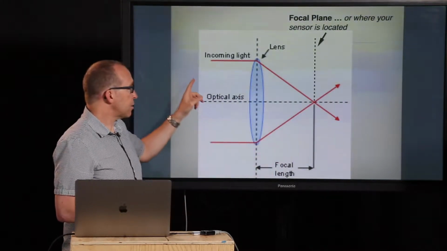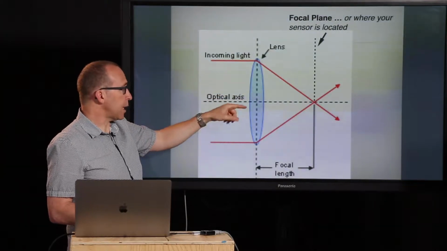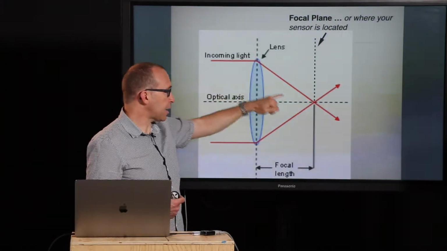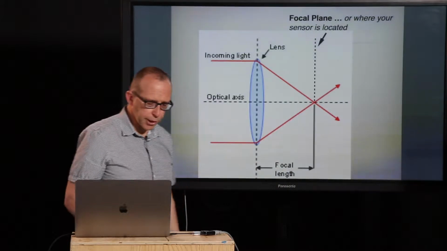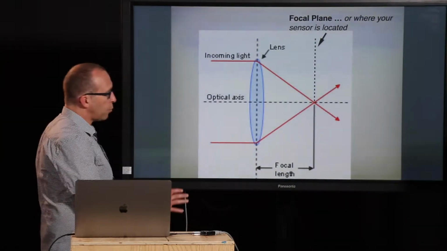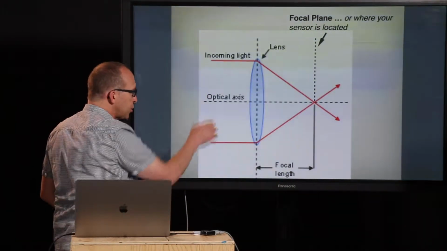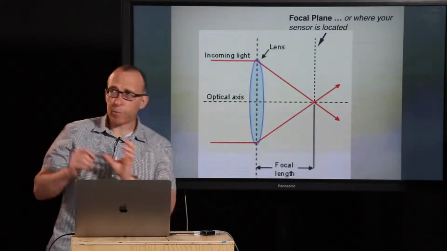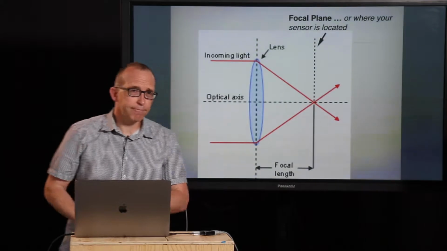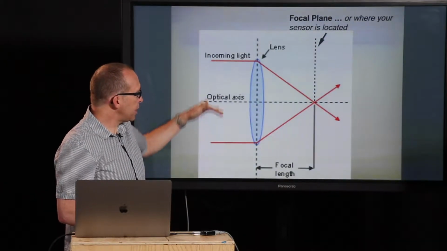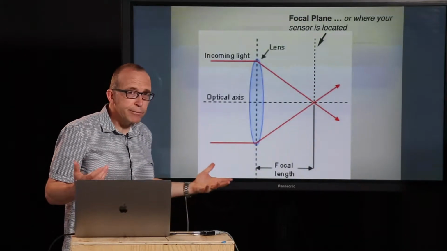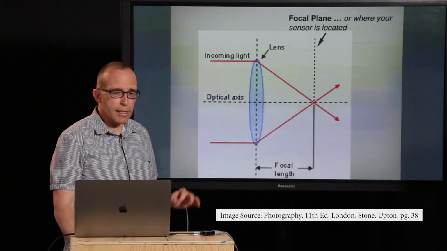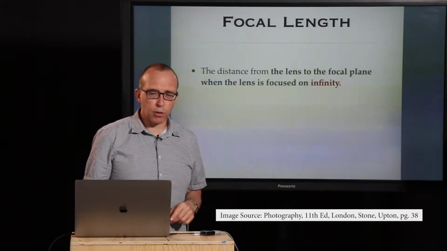And it says right here, incoming light. So light is coming in, it's bending at the lens, and it's coming to a focus point over here. But what do these two lines represent? Is this something in our scene that we're photographing? Is this the top of a tree or bottom of a tree? No. What that is, is light coming from one single point.